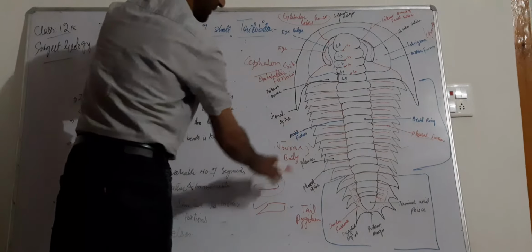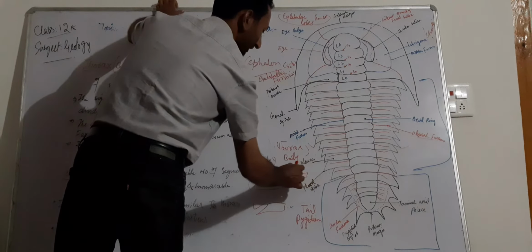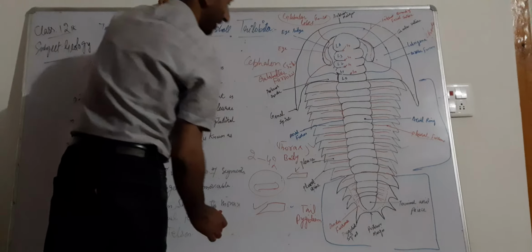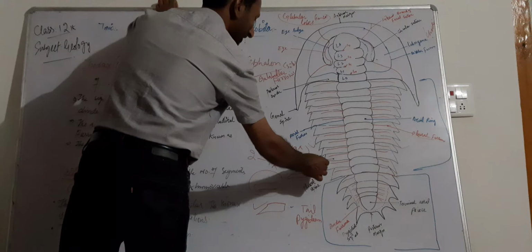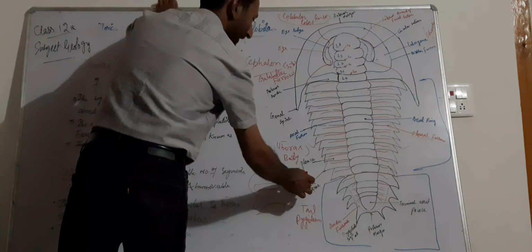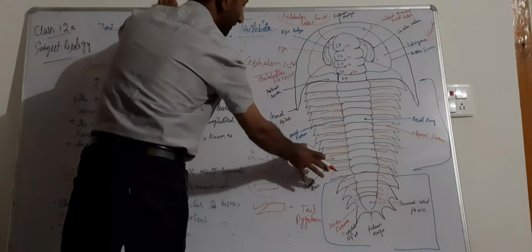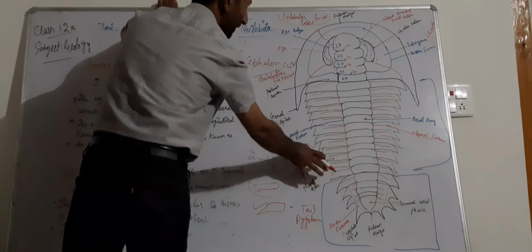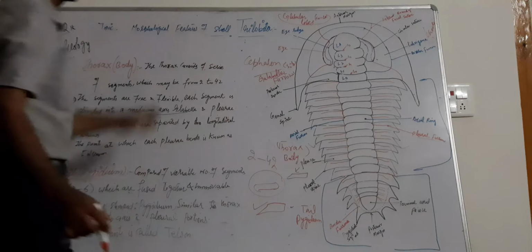These are genal spines, and these are the pleurae. This corner-shaped pleural part is known as the pleural spine. This is the body, or thorax part, of this fossil trilobita. This is all about the thorax.